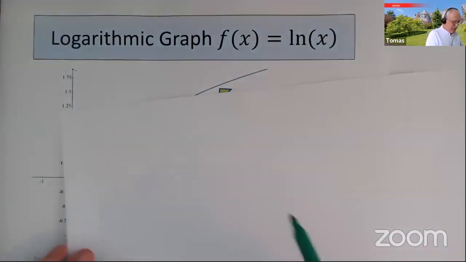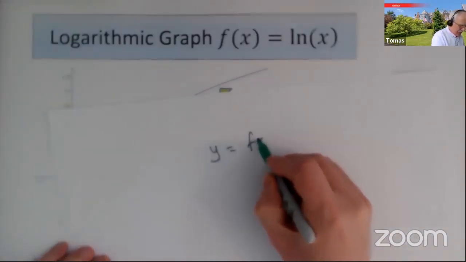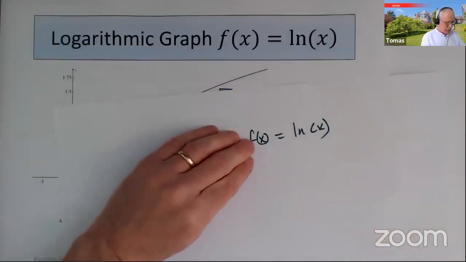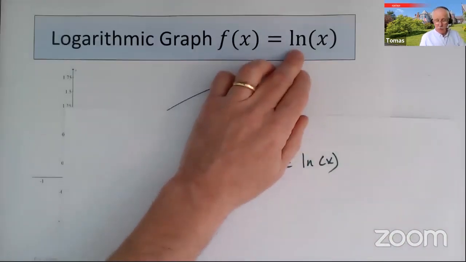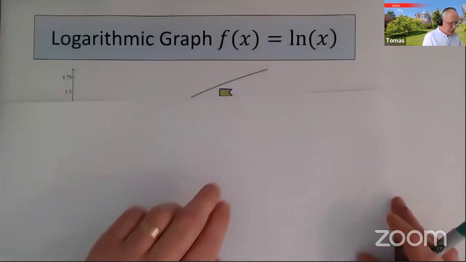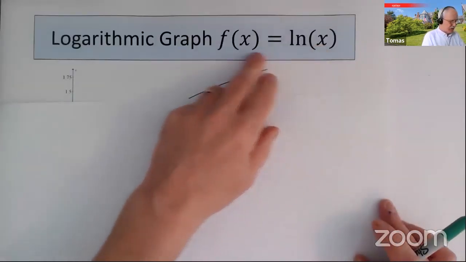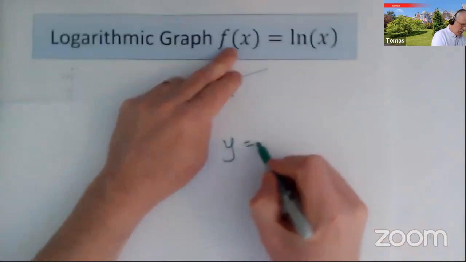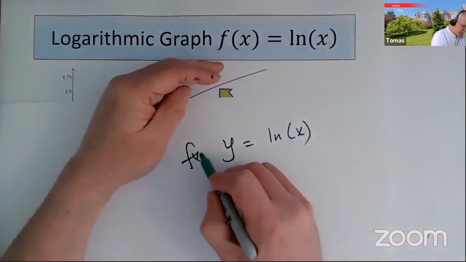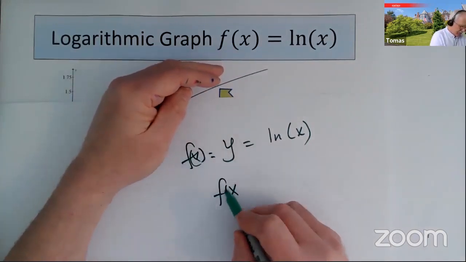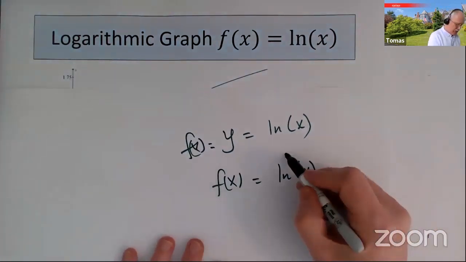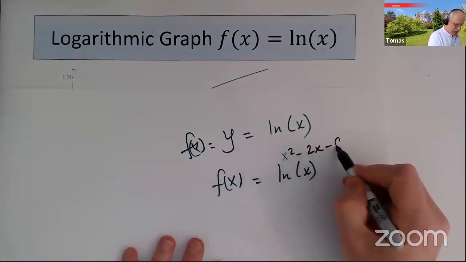Here we've got a graph of y equals f(x) equals log x. Log x looks tricky. It's not one you do very often, but it's no different to anything else. It's no different to the one where we had x squared minus 2x minus 8.